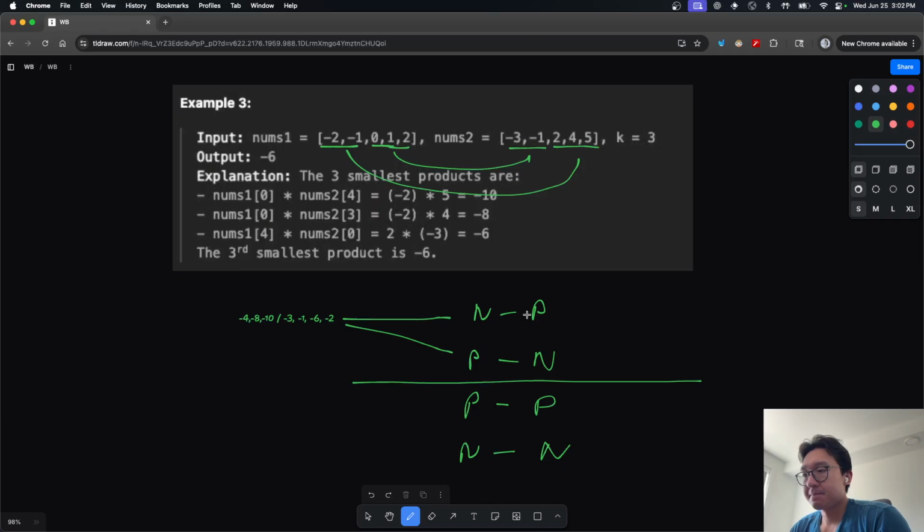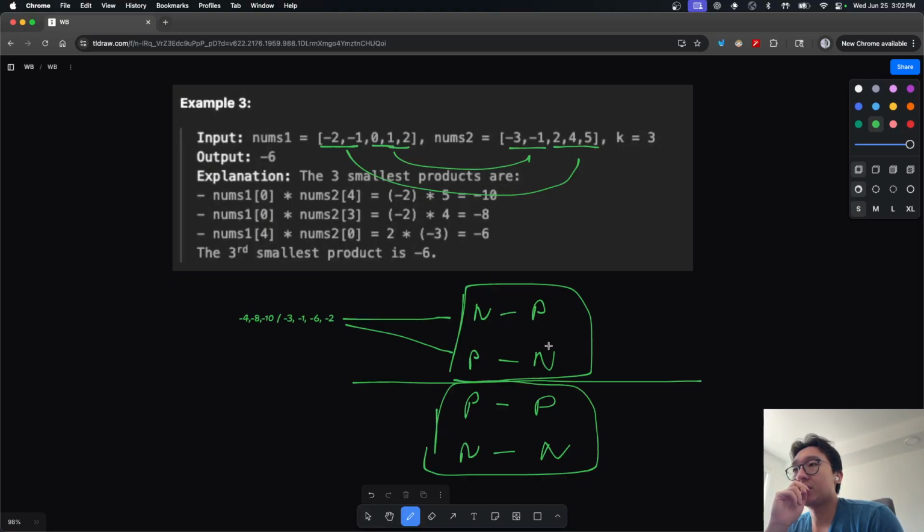Because we have to use... Oh wait, I think we can take this as a whole thing and this as a whole thing, and then we check whether the answer is in here or in here, and then in one of them we can just do a two-pointer approach, boom boom, and then check which one's greater.